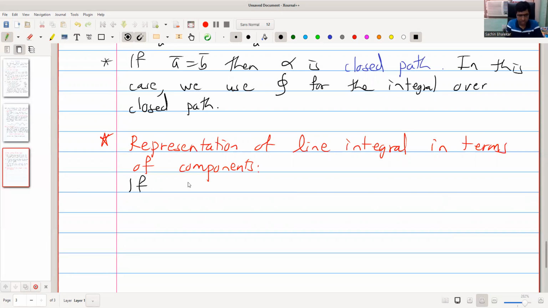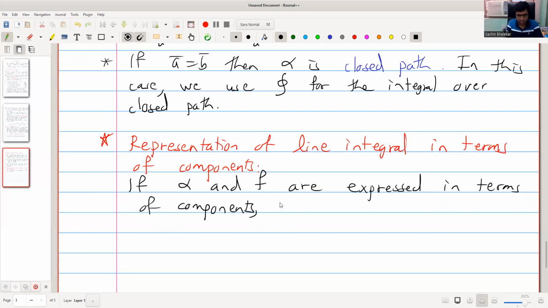If alpha and f are expressed in terms of components, say alpha equal to alpha 1, alpha 2, and so on, alpha n.